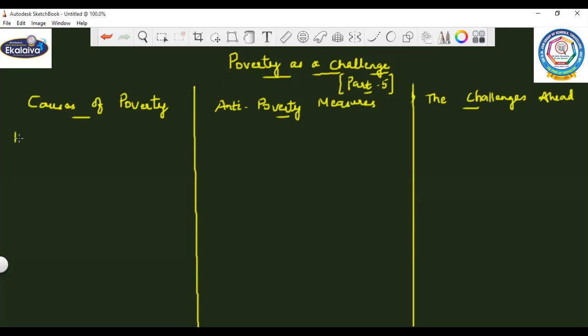Now, the first cause of poverty is said to be the British rule, children. When we were under them as colonies, they just hampered our handicrafts, right?